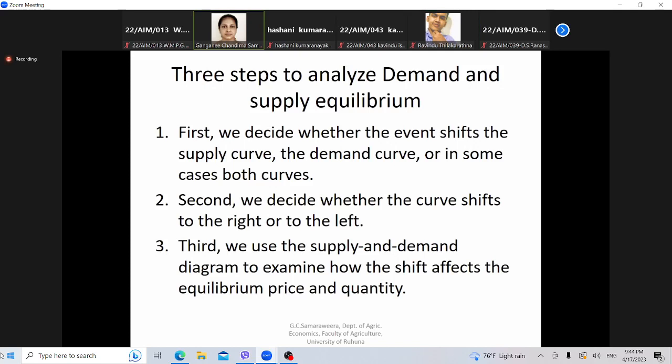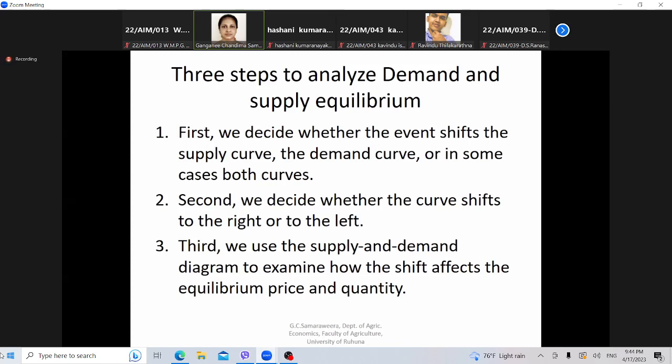Now these are the 3 steps to analyze demand and supply equilibrium. First of all, we need to decide whether this causes shifting the supply curve, demand curve, or both. Second, we should decide whether the curve shifted to the right or left.